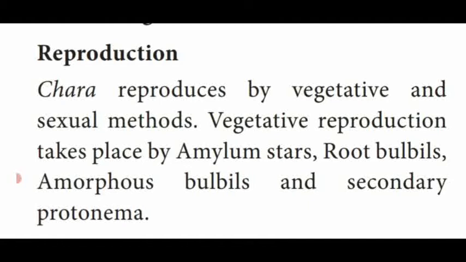These are different structures arising from the plant body during unfavorable seasons, modified into different shapes. During favorable conditions, they develop into new Chara. The vegetative reproductive structures are amylum stars, root bulbils, amorphous bulbils, and secondary protonema.